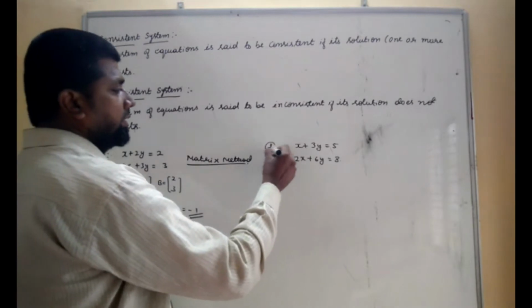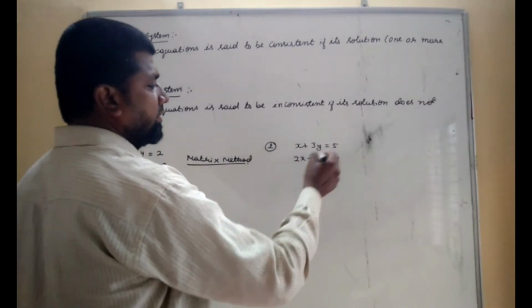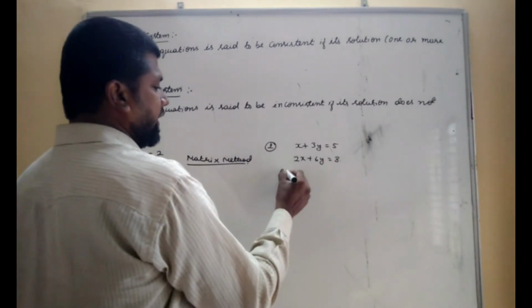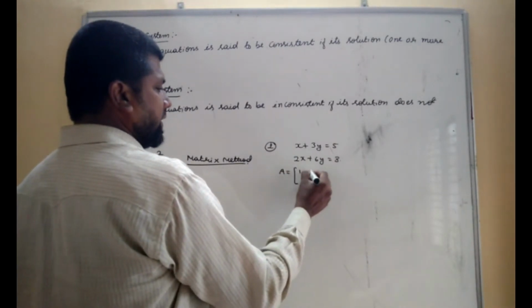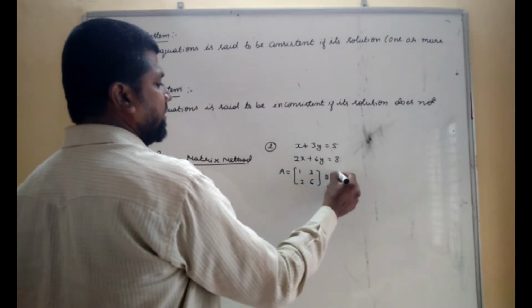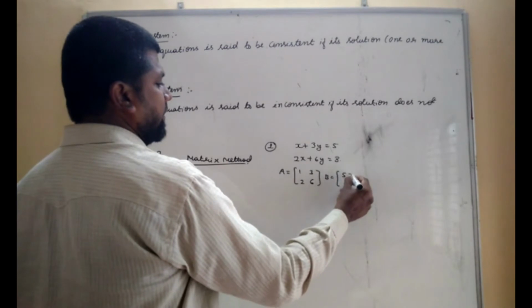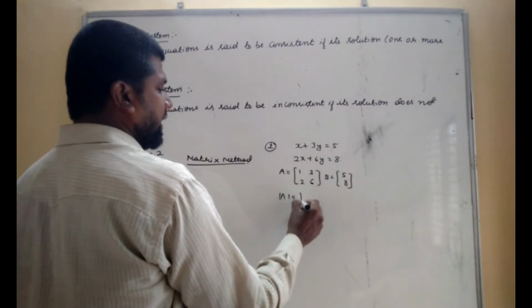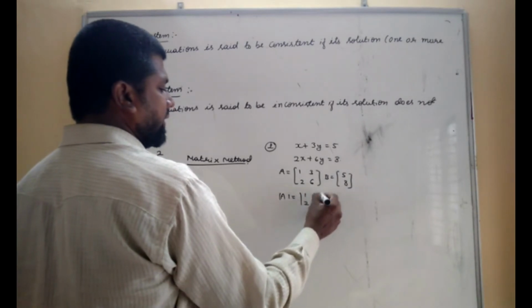Second example, he has given x plus 3y is equal to 5, 2x plus 6y is equal to 8. So let us write in the matrix 1 3 2 6. Then b is in matrix 5 8. Okay, so let us find the value of this determinant 1 3 2 6.